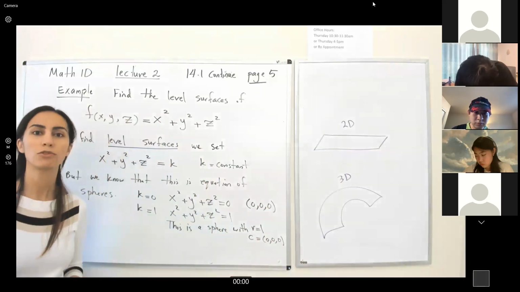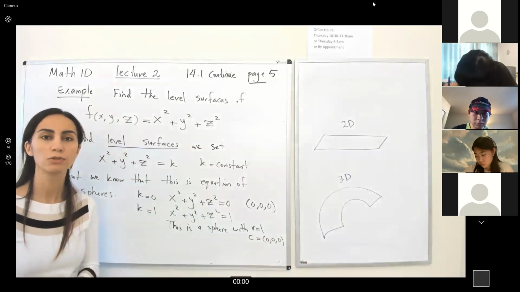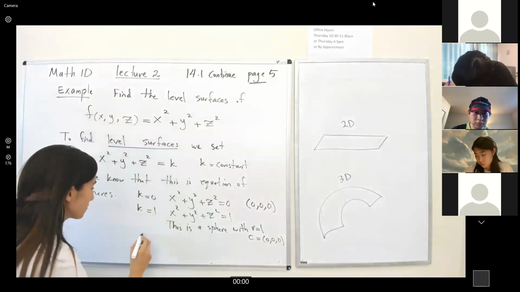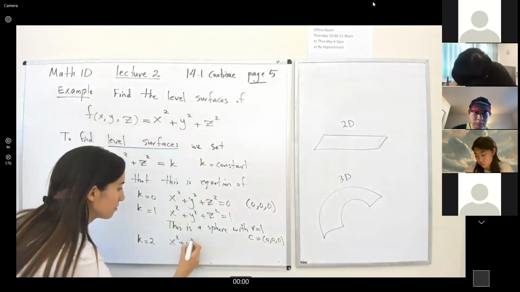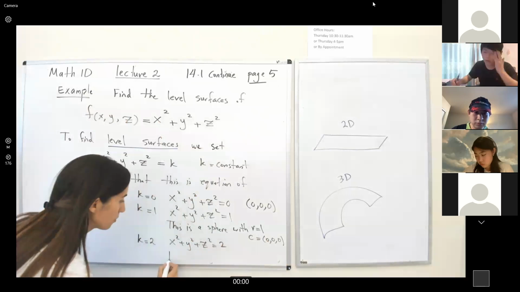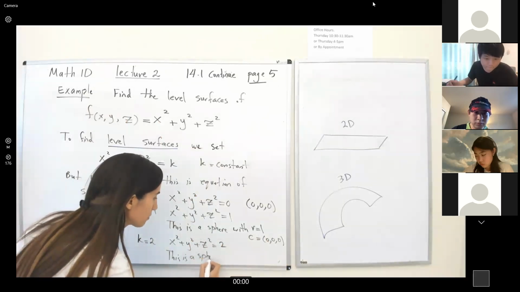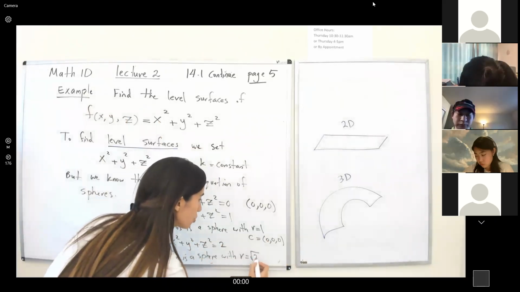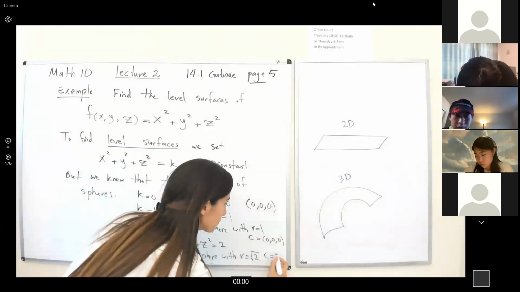If k is equal to 2, you get a sphere with radius square root of 2 and center at the origin. This is a sphere with a radius equal to square root of 2 and center at the origin.